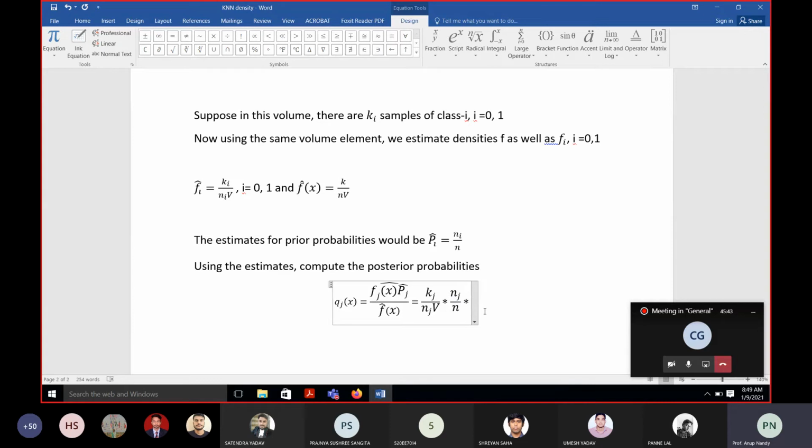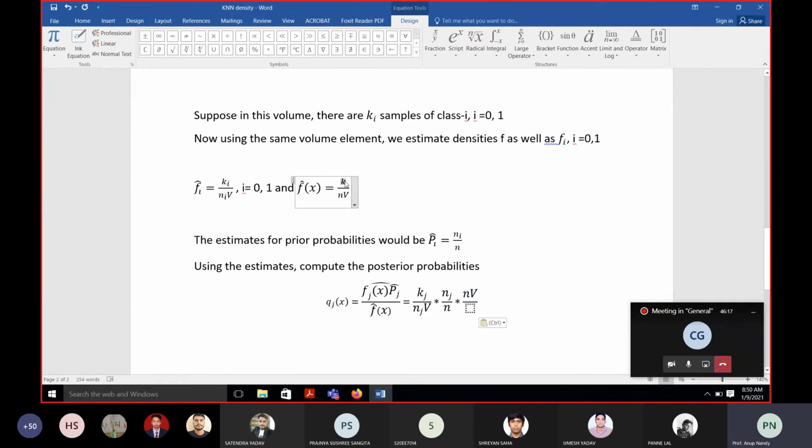Next is f hat(x). How much will it be? What should I write? K by nV? nV by k. Yes. Have to write nV by k.